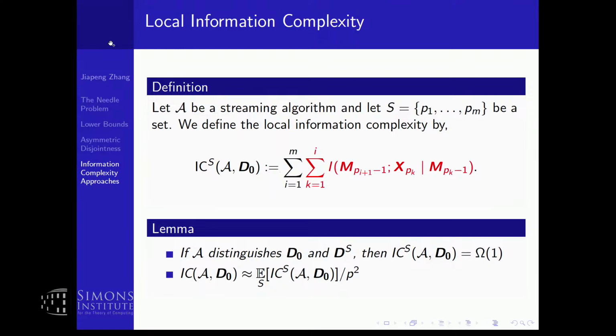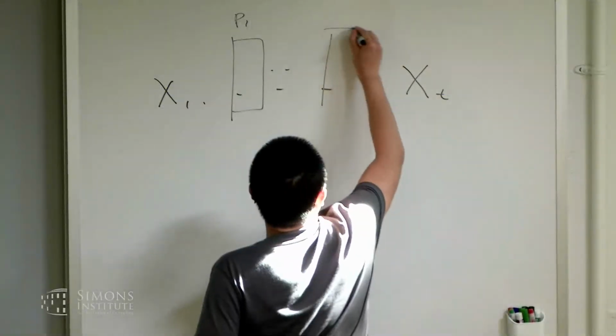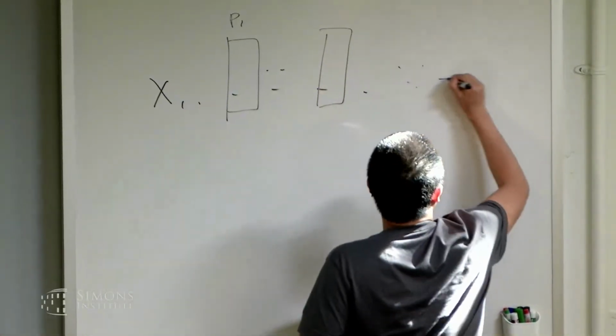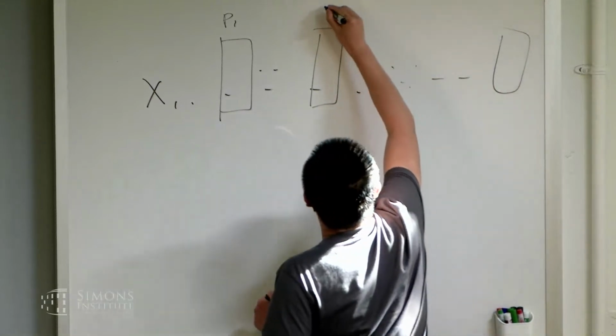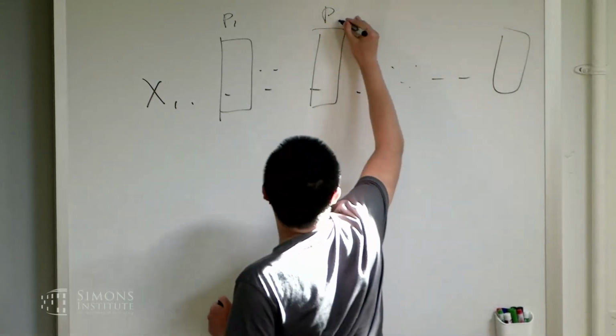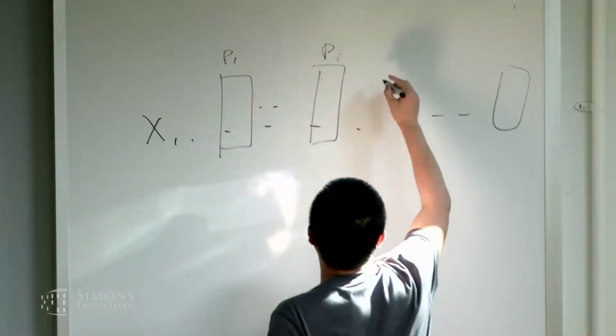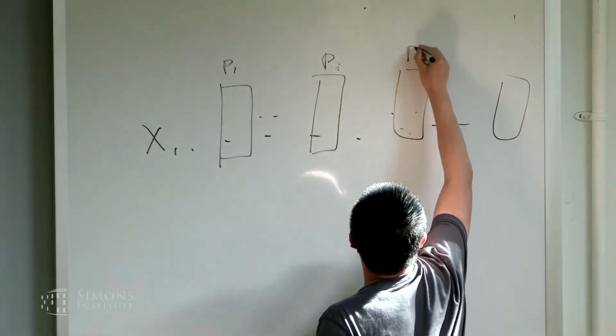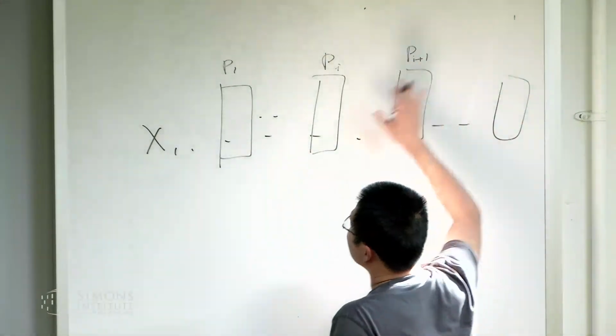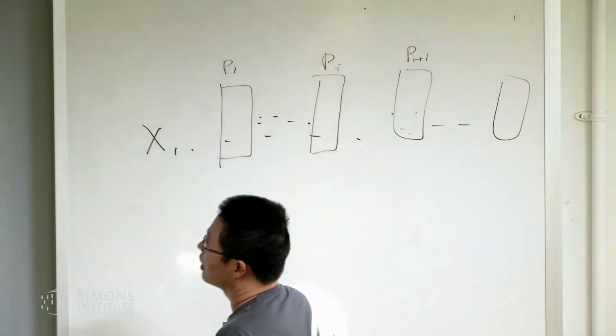Probably I can draw it here. Let's say this is P1, this is P2, this is P_i, and this is P_{i+1}. Only these positions could be needles.